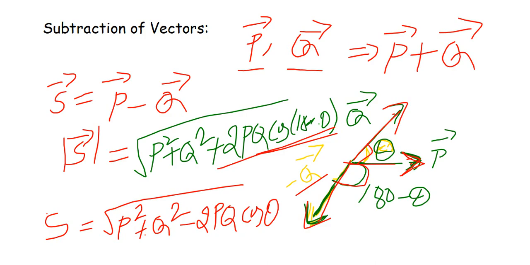In the parallelogram law of vectors we discussed another case, that the magnitude of P is equal to the magnitude of Q. What happens? The magnitude is root over P square plus Q square minus 2PQ cos theta.